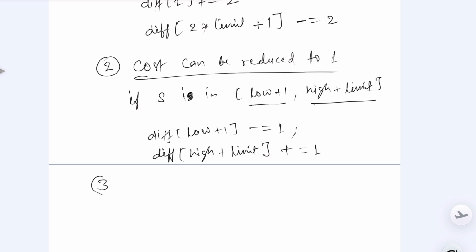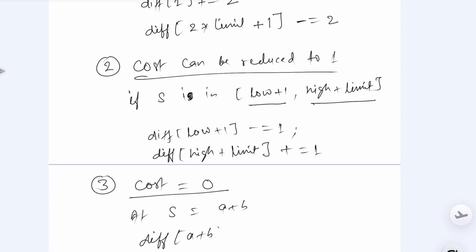Now there is one more point we will focus on: cost is 0. If the sum is a plus b, the difference array at a plus b is minus equal to 1, but the difference array at a plus b plus 1 should be plus equal to 1.